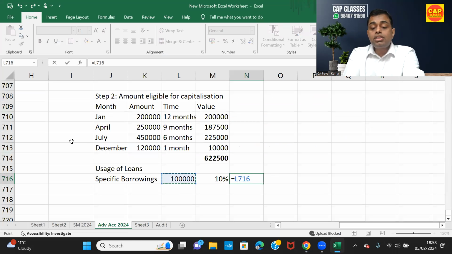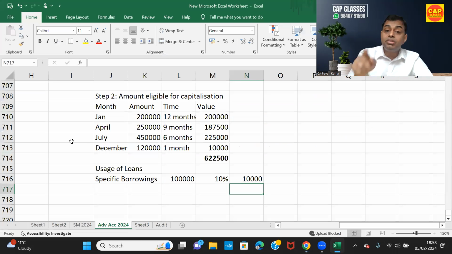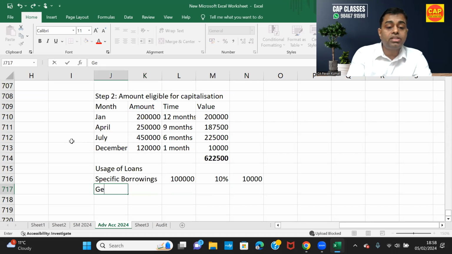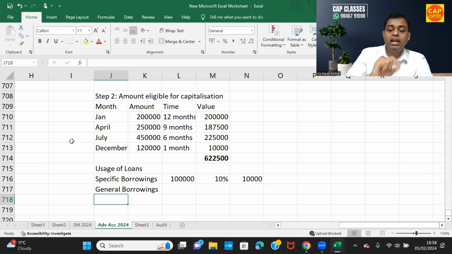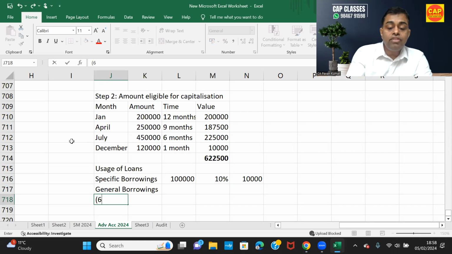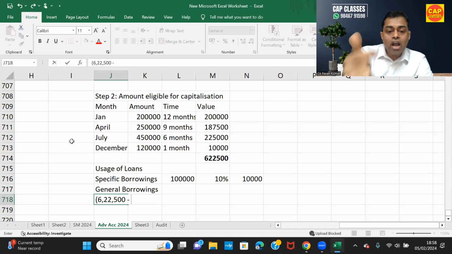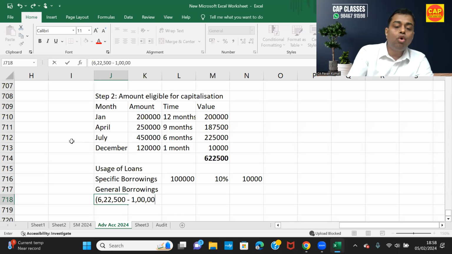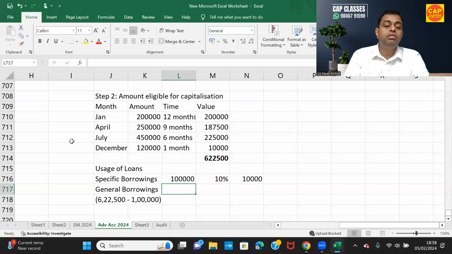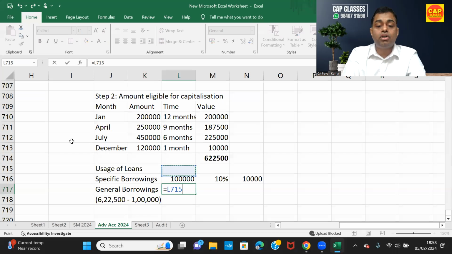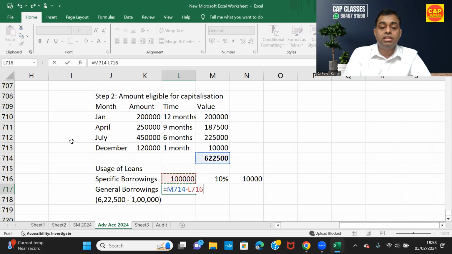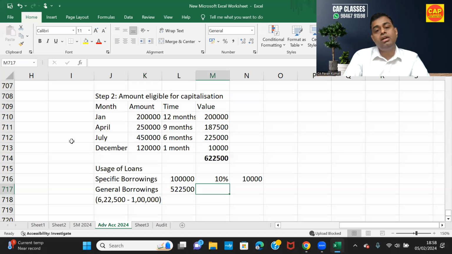So can I say interest cost to be capitalized is like this in case of specific borrowing? Actual amount paid. In case of general borrowings, this is important. How will you calculate this? Total value of the asset is 6,22,500, minus 1 lakh financed by the specific loan. Over and above is your general borrowings, which is 5,22,500.